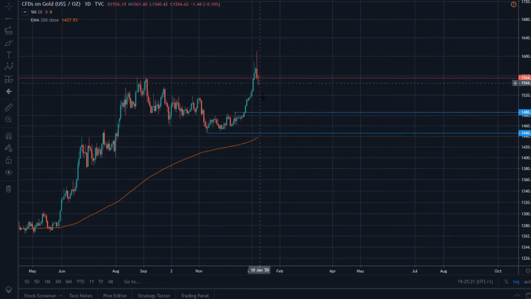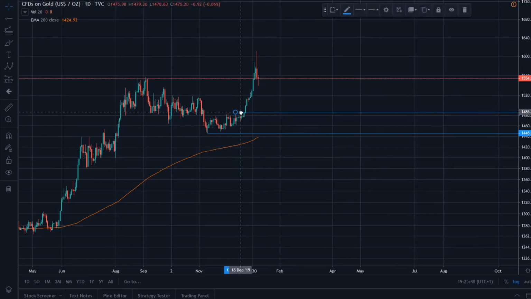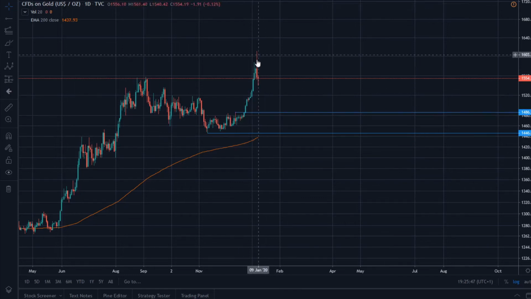Either way, however you view it, especially if gold decides to take another detour, which at the moment looks unnecessary, it looks more probable that we have a correctional phase now, and gold will go up after this.